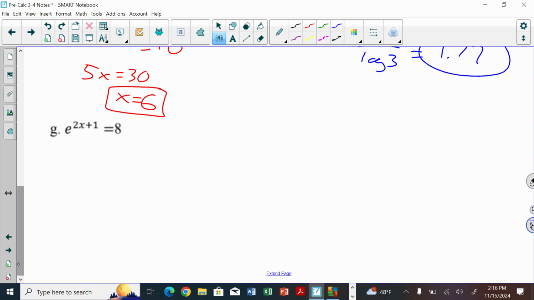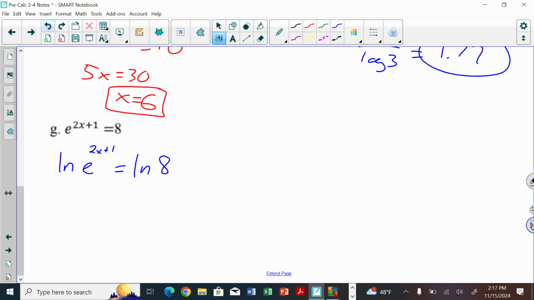All right, one more. Same thing, another version of these exponentials that we want to take to our log, but here we're dealing with e, so we're going to take the natural log of each side. So ln of e to the 2x plus 1 equals natural log of 8.